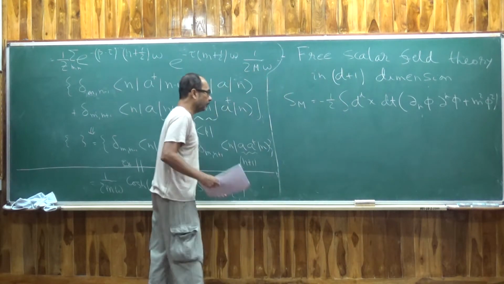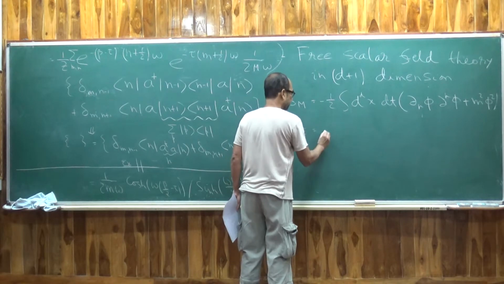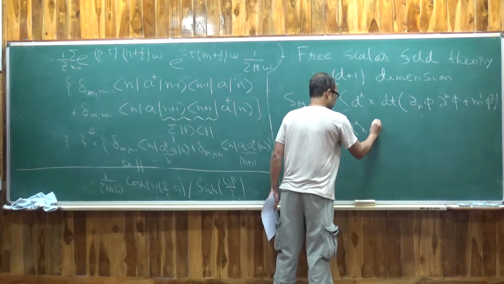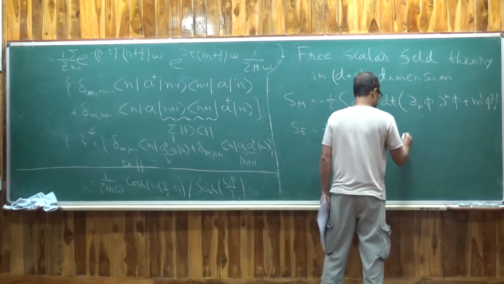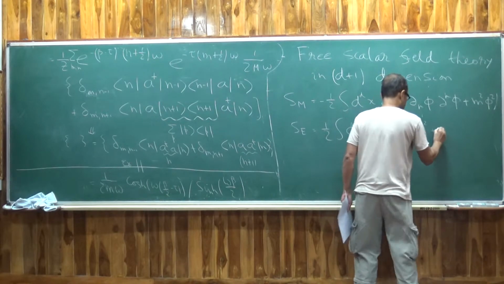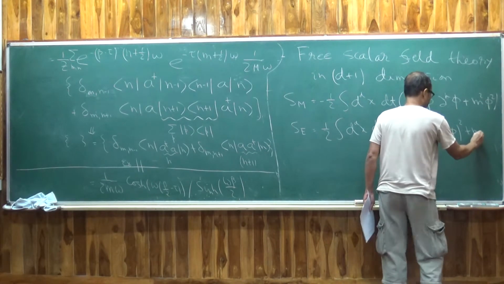So this is the form. The Euclidean version of this is half integral d^D x d tau, then you have (del tau phi) square plus (del phi) square plus m square phi square.